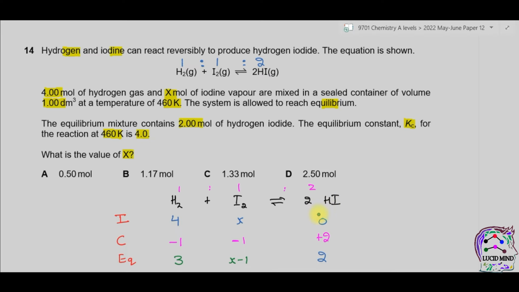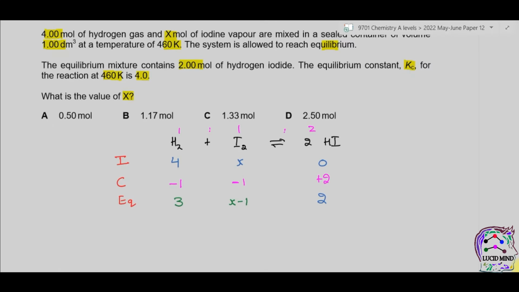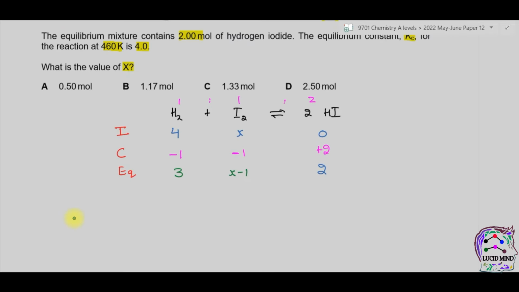Now we can use the formula for Kc. Kc is the concentration of product to the concentration of reactants. In this case the product is hydrogen iodide, so we have the concentration of hydrogen iodide raised to the power of its number of moles, over the concentration of hydrogen raised to the power of its number of moles, similarly for iodine.